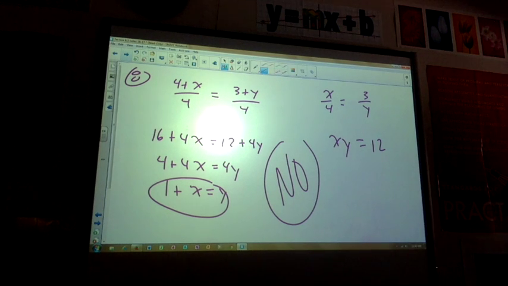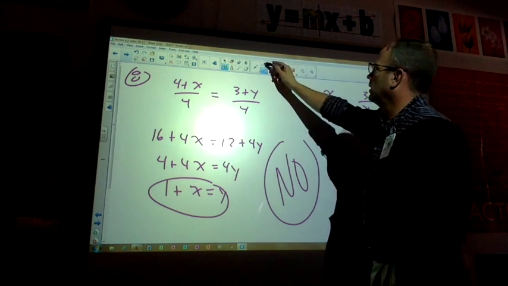Did I goof? 4 plus 4x. 12 plus 4y. Oh, because you don't get 16, you get 1 plus 4x equals, 1 plus... wait. All right, so maybe let's break apart the fraction.